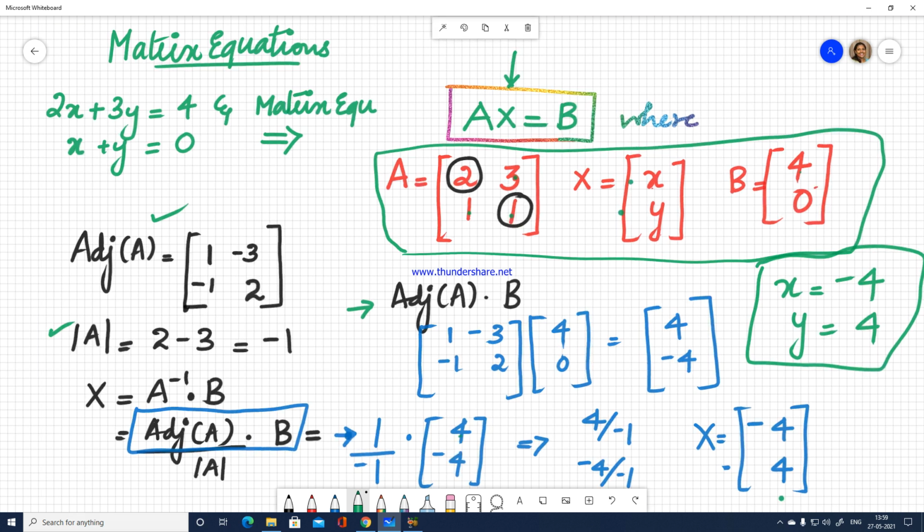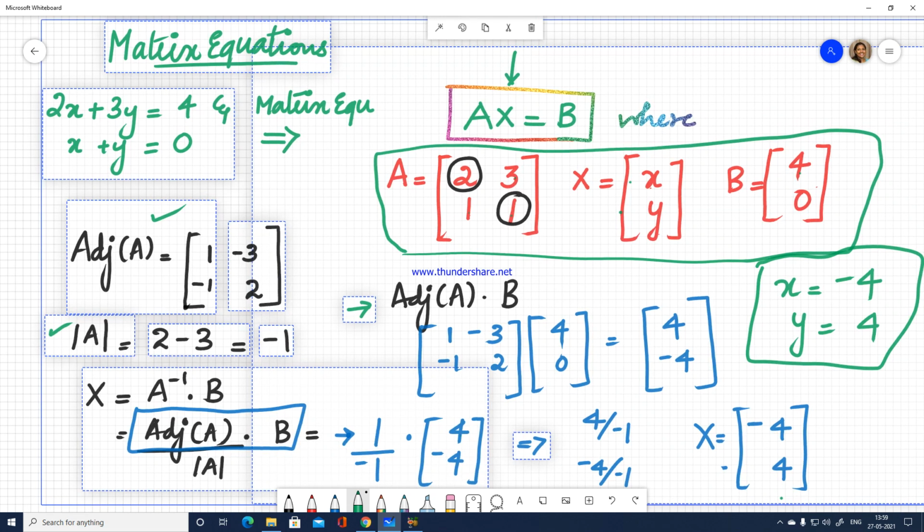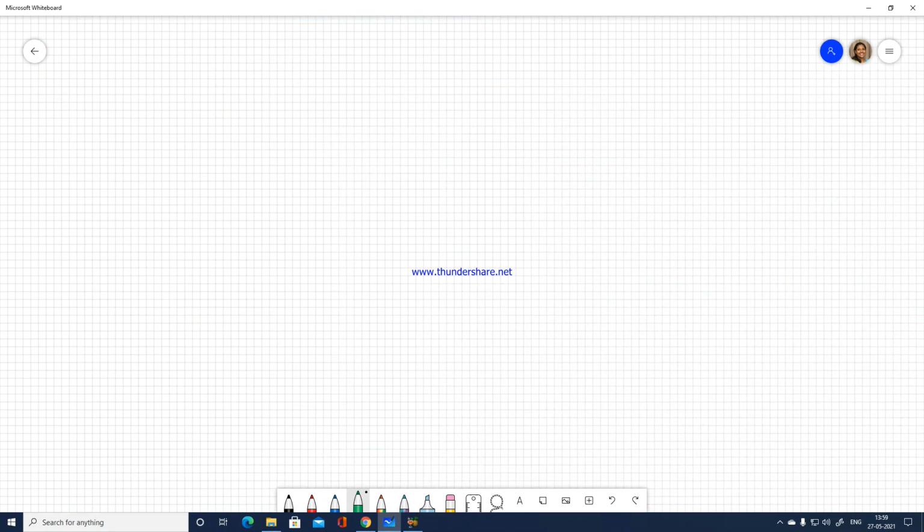Now let's see how it is for a 3 by 3 matrix. Let's consider the question in such a way that 3x1 plus 3x2 plus 4x3 equals 20.